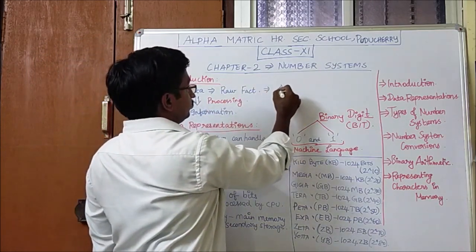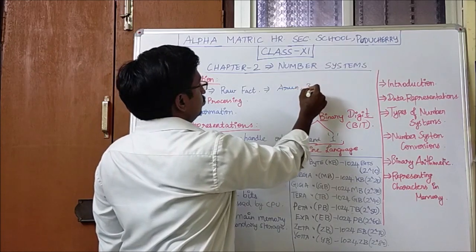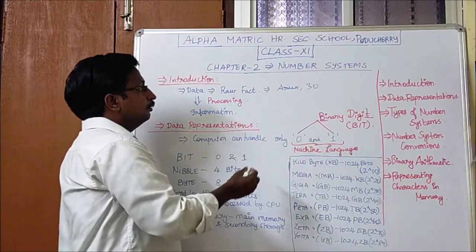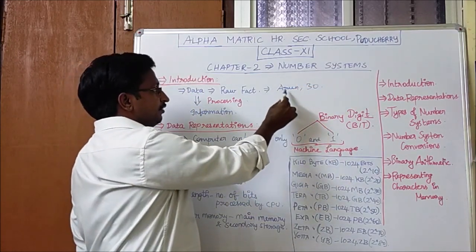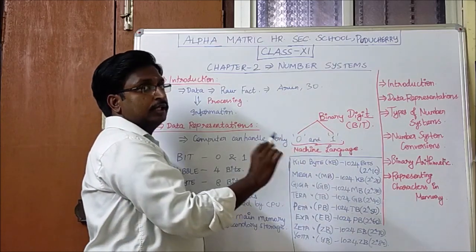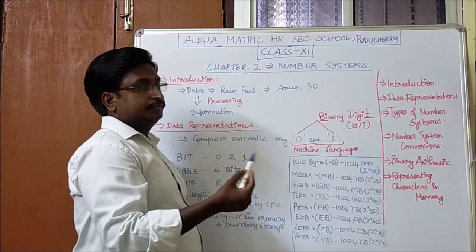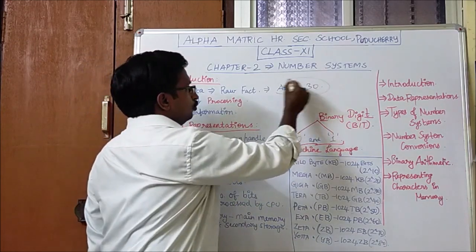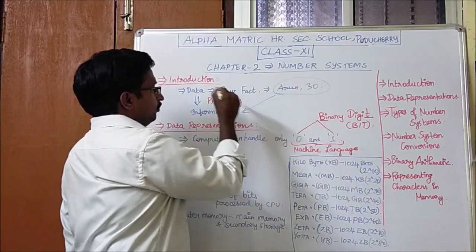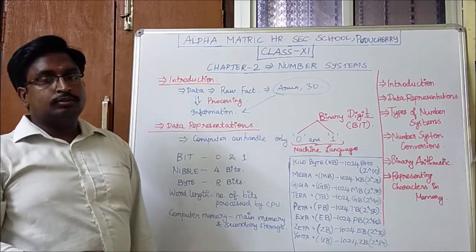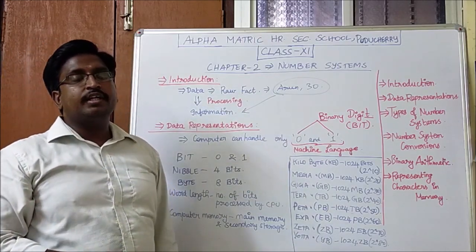For example, these are two data. You can only conclude that one is a name and one is a number. Other than that, you cannot reach a decision. By processing these two, you will get information.